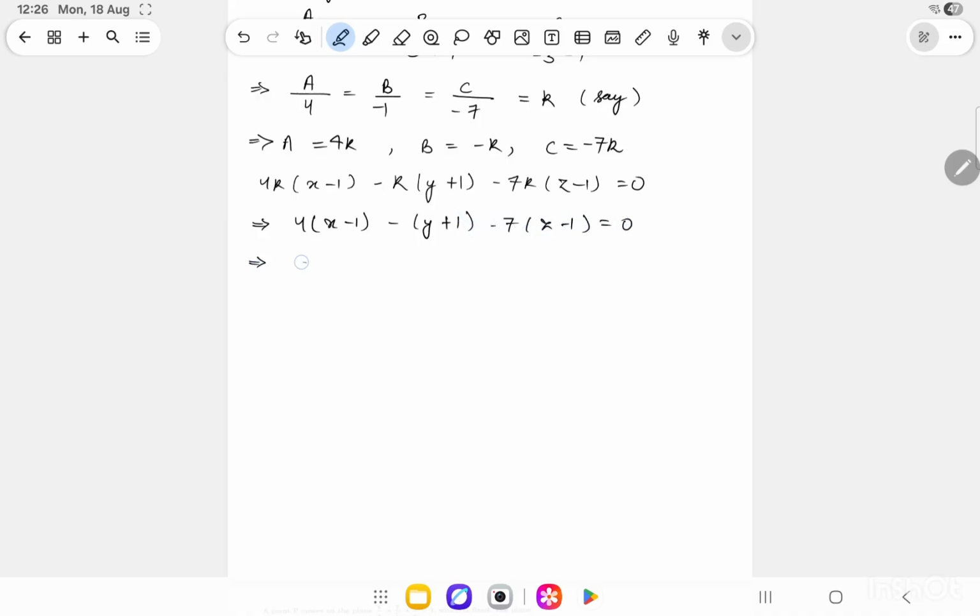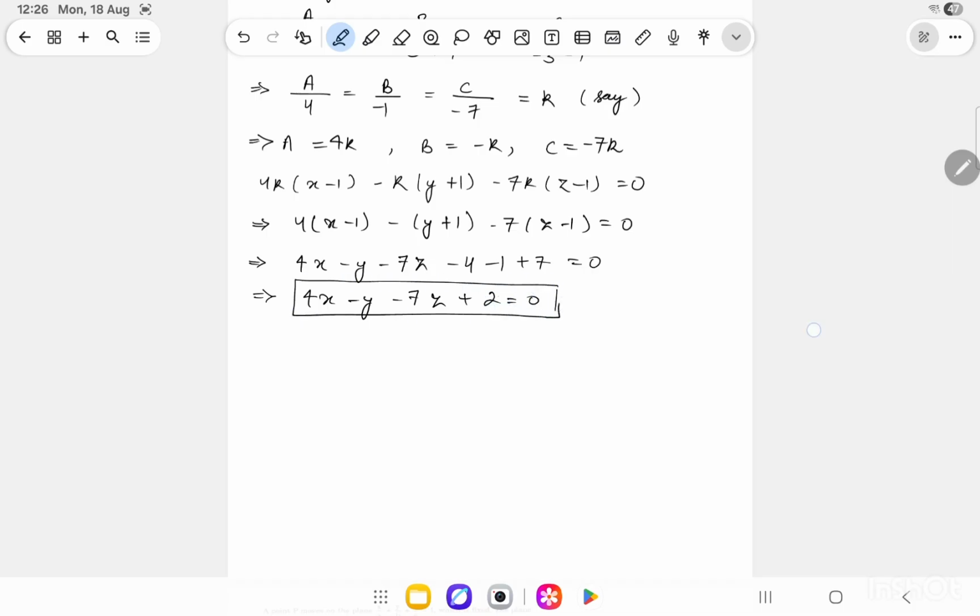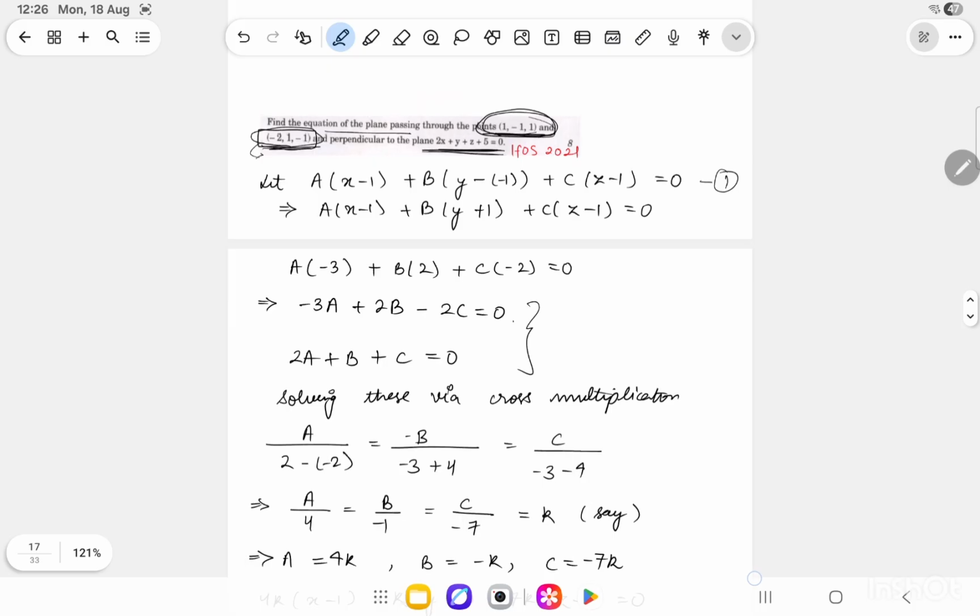On further simplifying, we'll get 4x minus y minus 7z minus 4 minus 1 plus 7 equals to 0, which is equivalent to 4x minus y minus 7z plus 2 equals to 0. So this is the required equation of plane that we are supposed to find in this question.